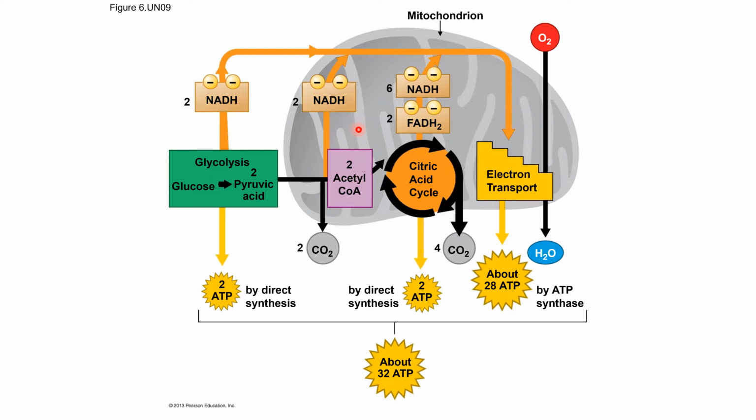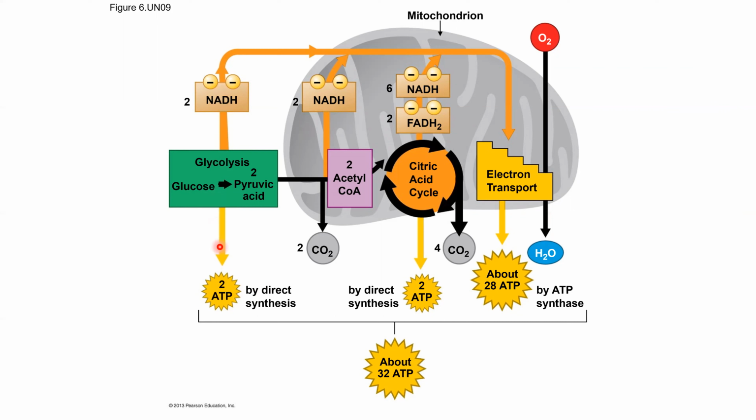This is also an overview, but now it shows you the mitochondrion. That's an organelle inside eukaryotic cells. The first step, glycolysis, happens outside of mitochondria, in the cytoplasm. Glucose is converted into 2 pyruvic acids or 2 pyruvates. 2 ATP molecules are synthesized by direct synthesis.